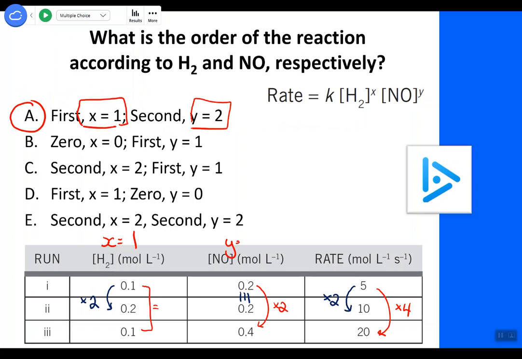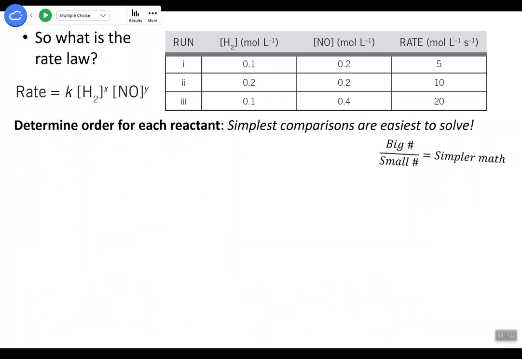We've already determined the order of the reaction as X equals 1 and Y equals 2. But let's calculate that so that we know another technique when we don't get numbers that are easier to do in our head. We can determine the order for each reactant. We're simply comparing the rate law for one run to another run.